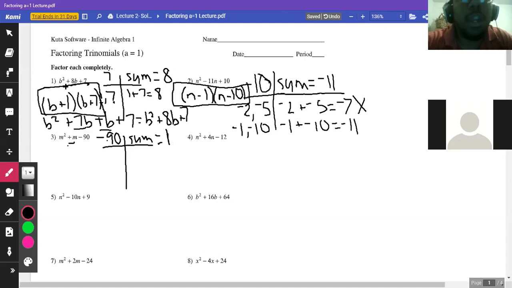Well, from what I know about multiplying integers, I know that in order to multiply and get a negative number, I have to multiply a positive number by a negative number. So one number is going to be positive and the other is going to be negative.